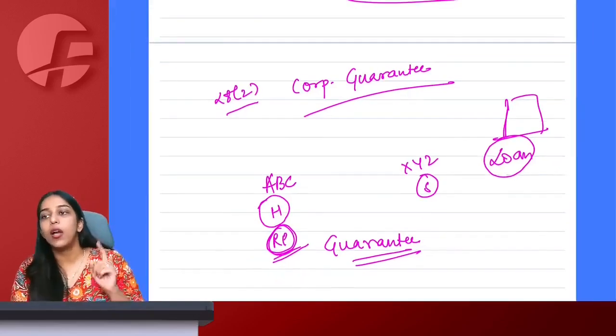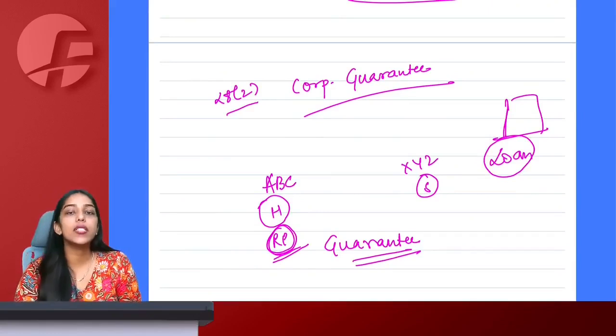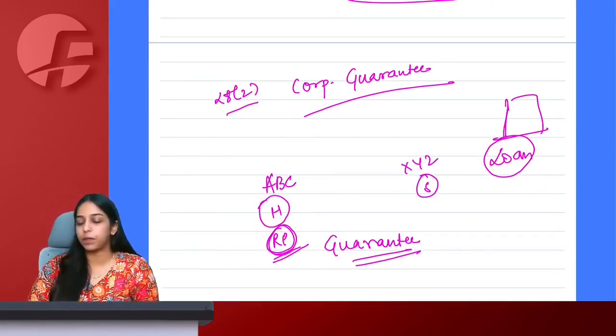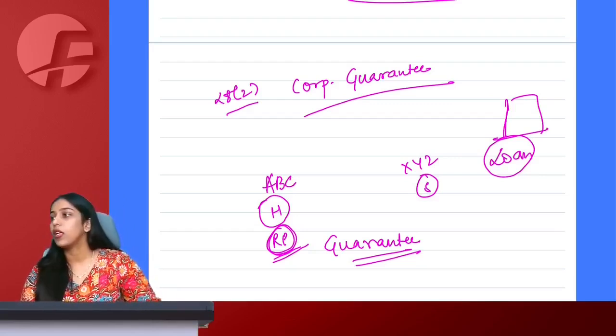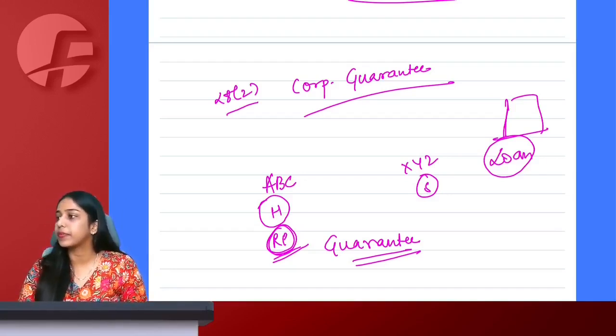Now tell me, for the particular supply of corporate guarantee, who is supplier and who is recipient?